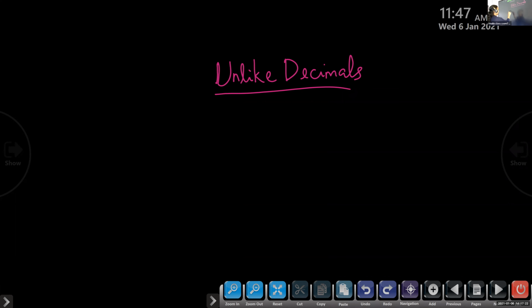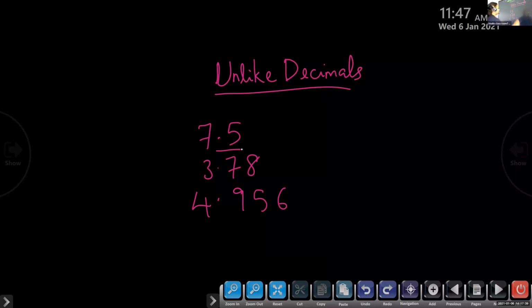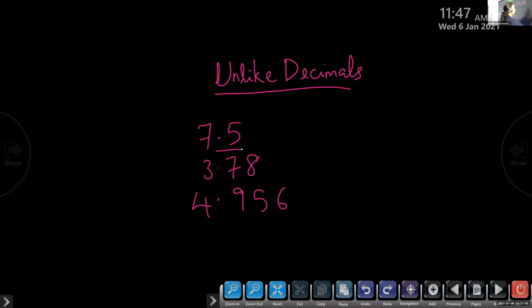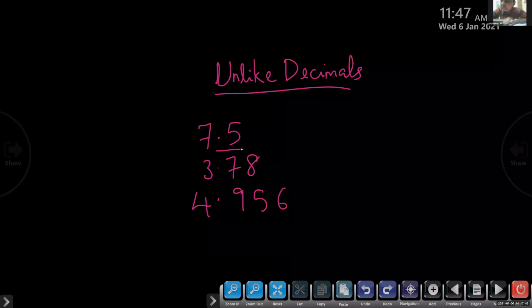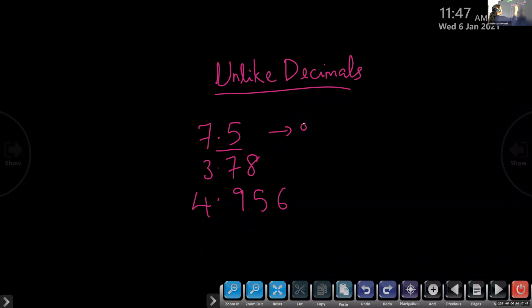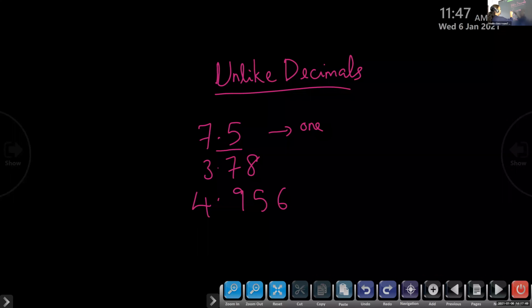For example, here I have 7.5, 3.78, 4.956. Ananda, in the first example, how many decimal places after the decimal point? 1, ma'am. Here we have only one decimal place.